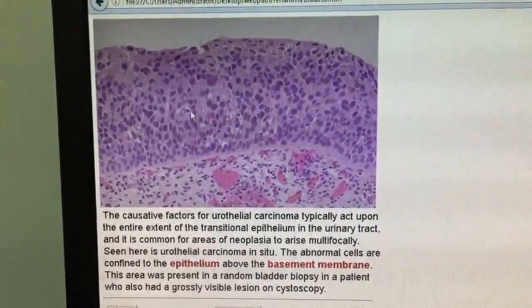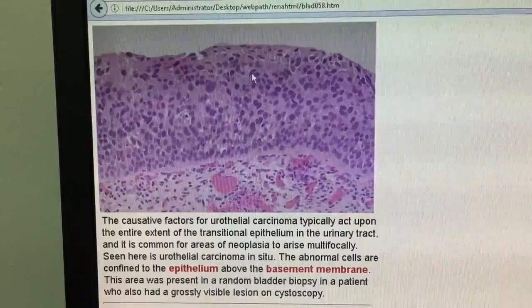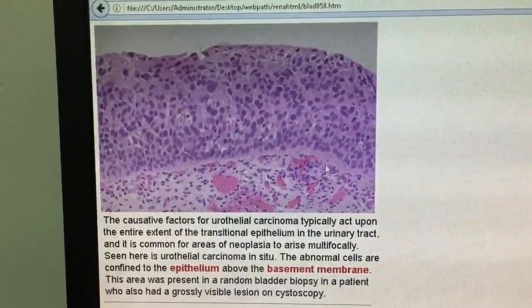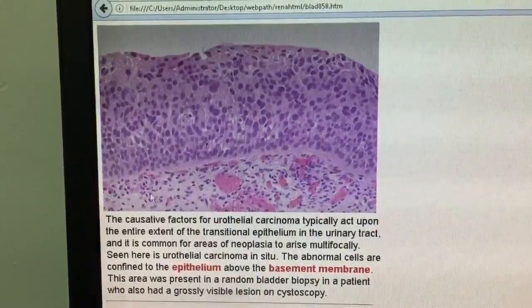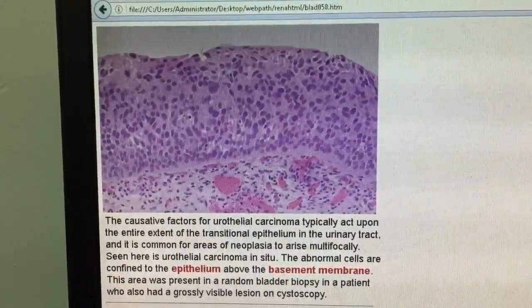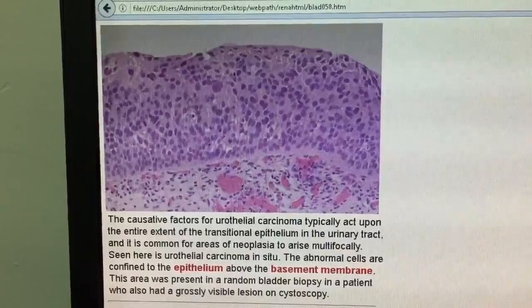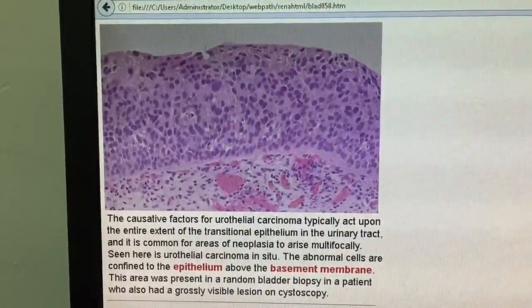There are also mitotic figures scattered in between, but they respect the basement membrane and there is no invasion or extension into the underlying fibrovascular stroma. So this is an example of urothelial carcinoma in situ.